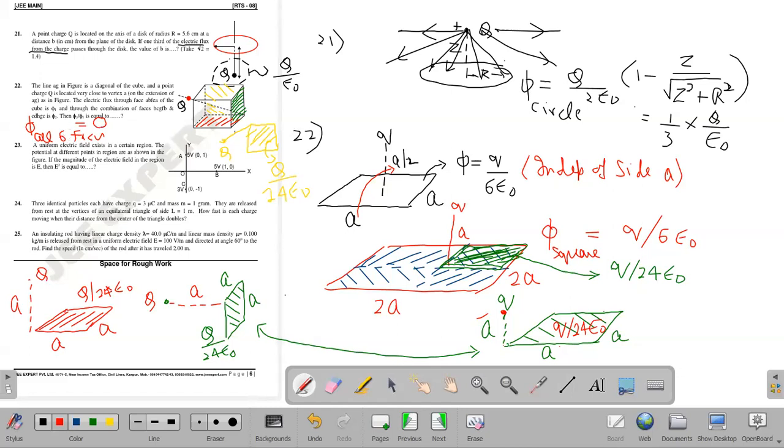And out of the six faces, flux for three faces are q by 24, q by 24, and q by 24. So for the remaining three faces, the charge q is just near them.